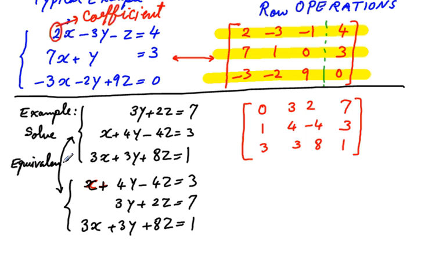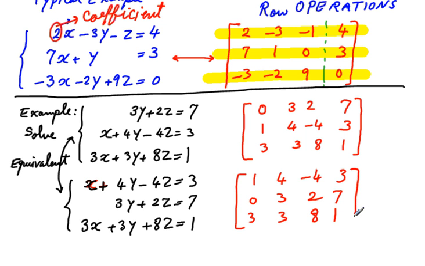Equivalent means whatever x, y, z solves this, obviously solves that one too, and vice versa. Same thing on the matrix. The activity that we are performing on this matrix, we are going to call it exchange of row 1 with row 2.